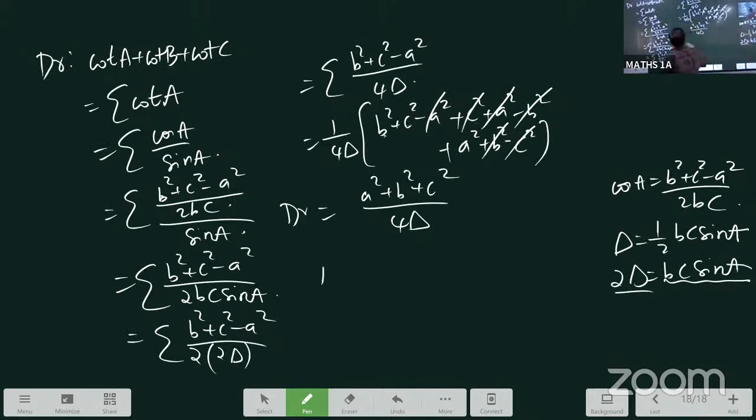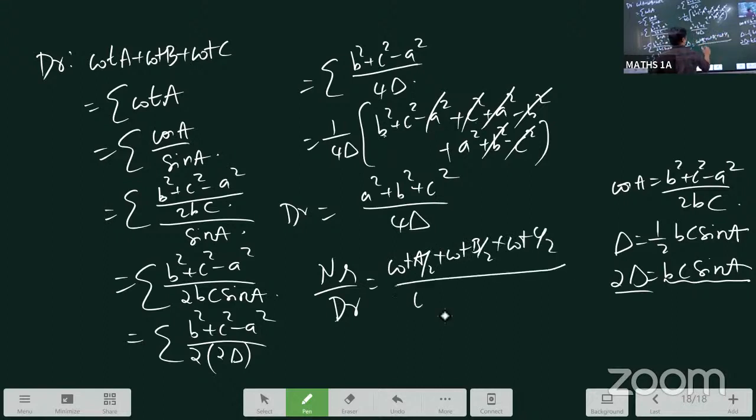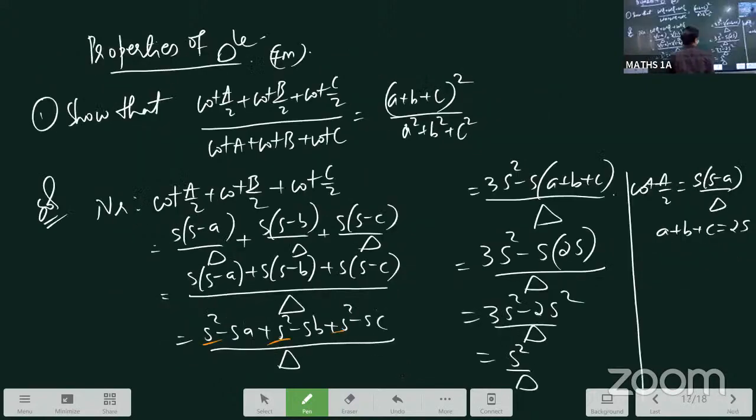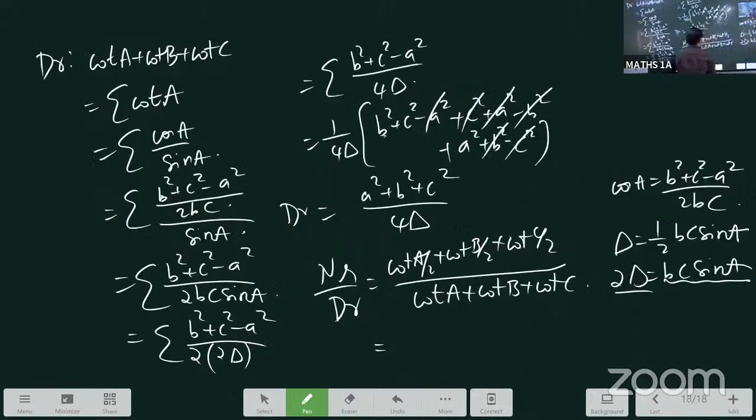Now your numerator by denominator, that is cot A by 2 plus cot B by 2 plus cot C by 2 divided by cot A plus cot B plus cot C. That is equal to, what is your numerator result we got? S square by delta. Denominator result, what we got? A square plus B square plus C square by 4 delta.